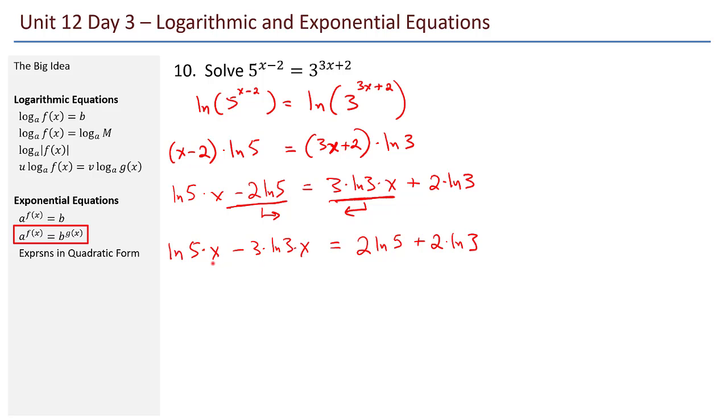On the left-hand side, now I have a factor of x, so I can factor the x out. And now I can divide both sides by the quantity in parentheses to solve for x.